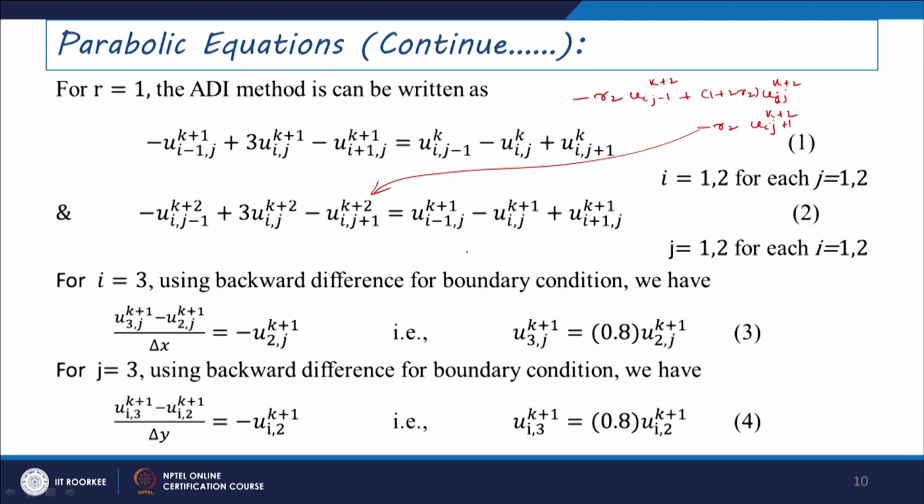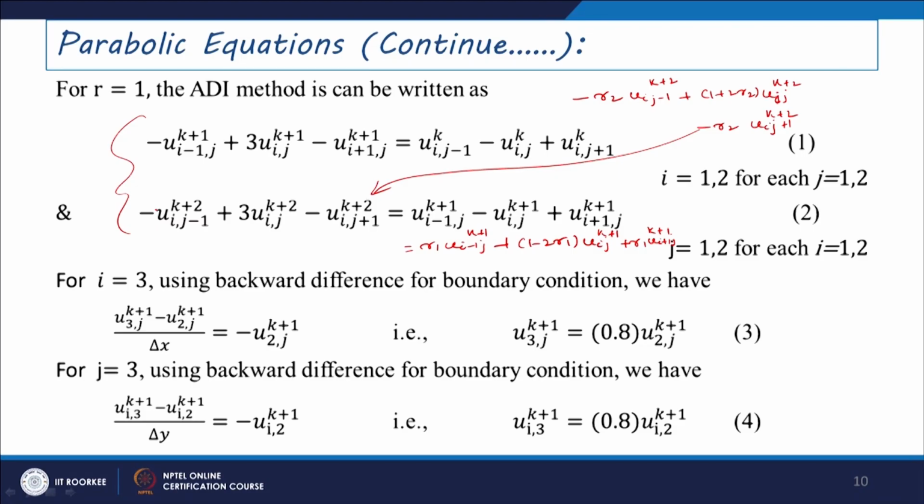The right hand side is nothing but r1 u i minus 1 j k plus 1, plus 1 minus 2 r1 u i j k plus 1, plus r1 u i plus 1 j k plus 1. Of course, if you put in all these values, you will have these two sets of equations as written here.